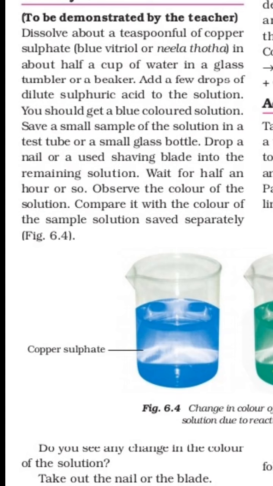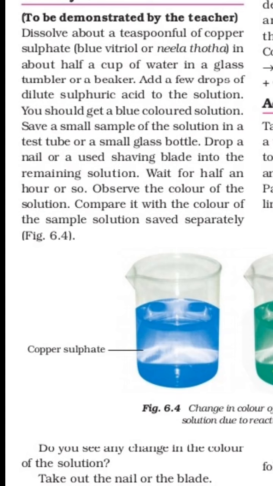Save a small sample of the solution in a test tube or small glass bottle. We have to take a small amount of this blue solution and keep it in a separate test tube, and drop a nail or use a shaving blade into the remaining solution.